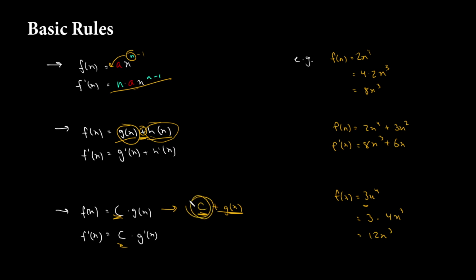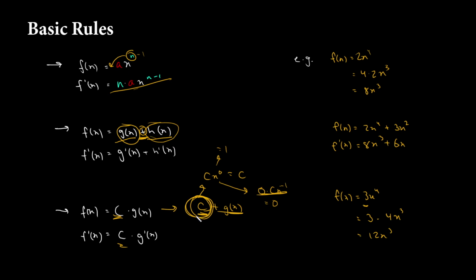And when you differentiate a constant, you'll see later, because a constant is basically anything times x to the power of 0, because x to the power of 0 is equal to 1, this is basically equal to the constant, which means if we decide to derive this, when we bring the power down, it's going to be 0 times c times x to the power of minus 1. But we know that anything multiplied by 0 is going to give you 0.